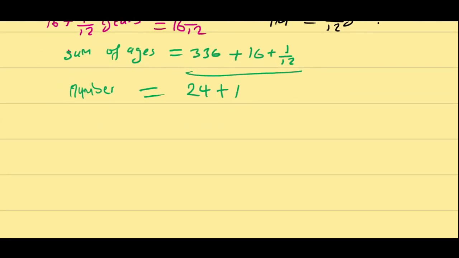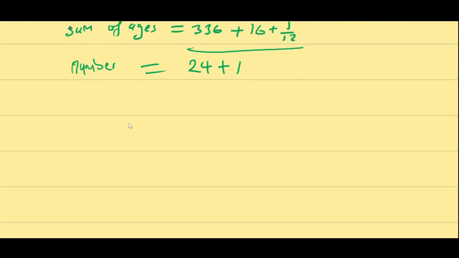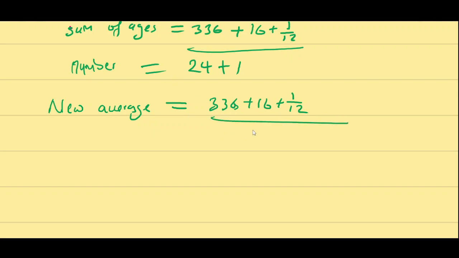So our new average will be the sum of the ages of the boys, which is now 336 plus 16 plus 1 over 12, all divided by 24 plus 1.